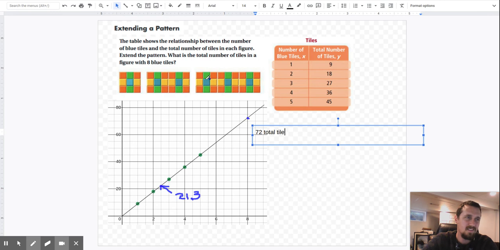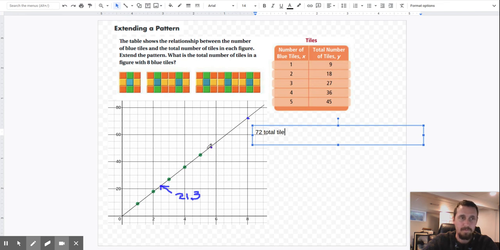In this situation, that isn't something that could really happen. I guess you could cut the tiles, but this pattern doesn't really give us the idea that that's likely to happen. And so a dotted line here that would show only 1, 2, 3, 4, 5, 6, would be more accurate to show that it's not going to fill in all of those possible spaces.